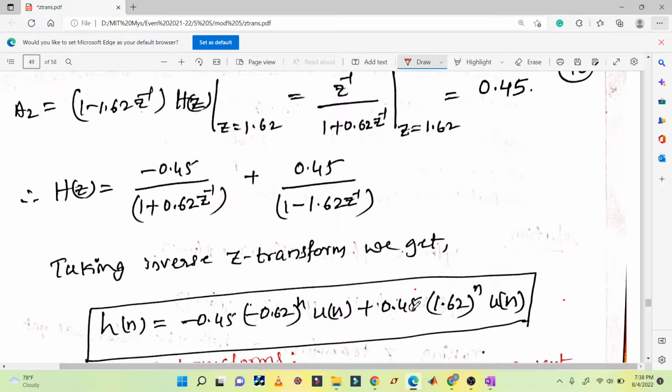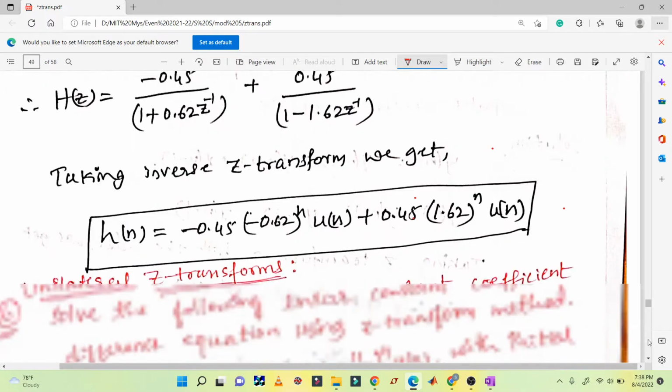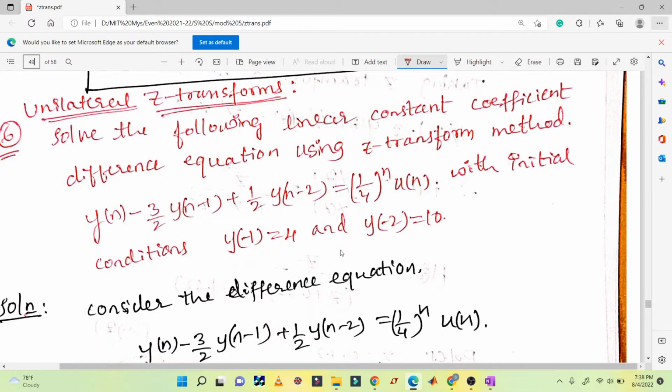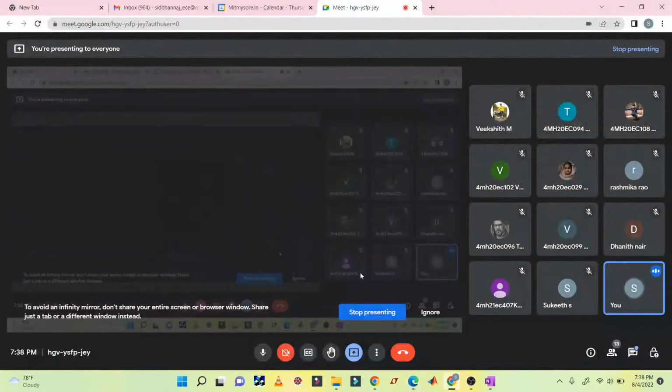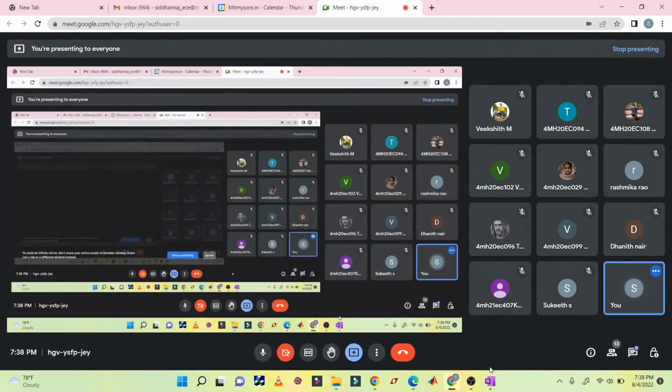Now let us move on to the problems part. In unilateral Z transforms, as I have explained, we are going to deal with the initial conditions.